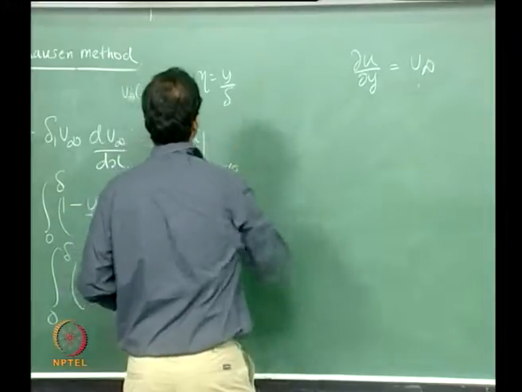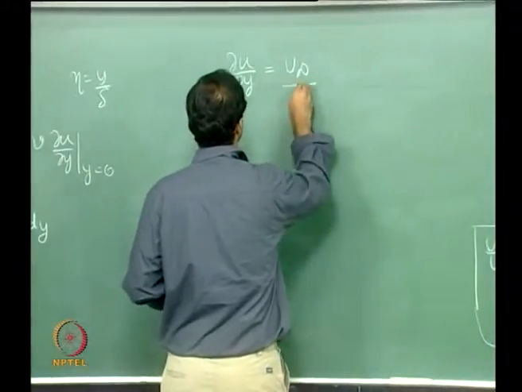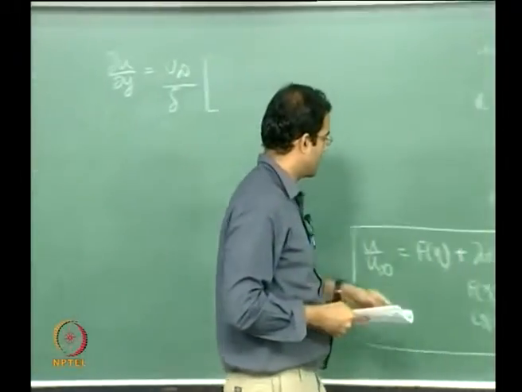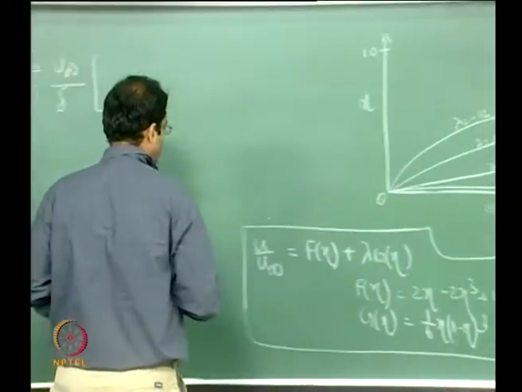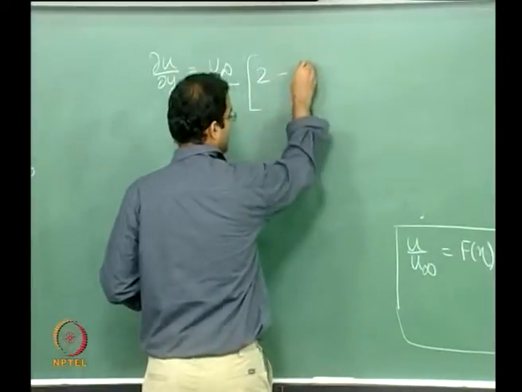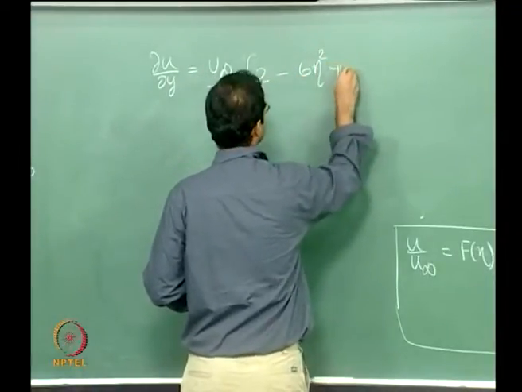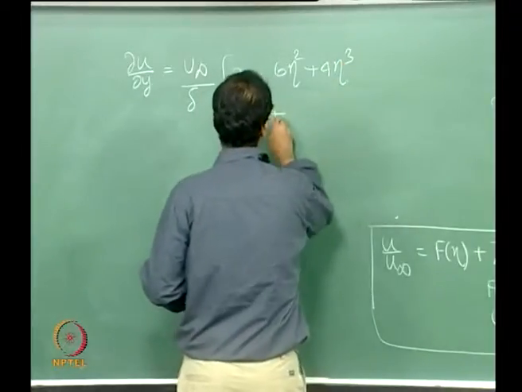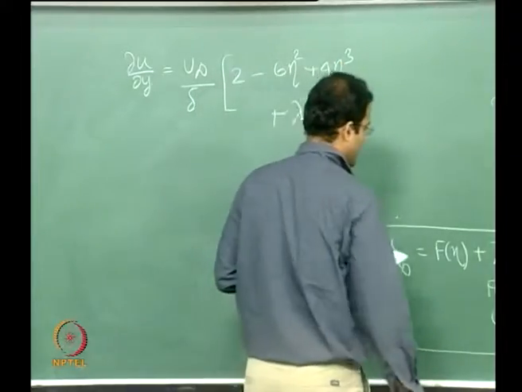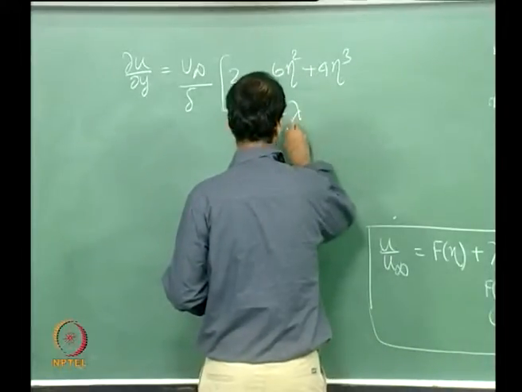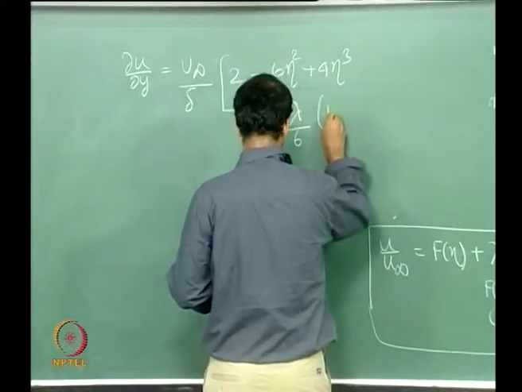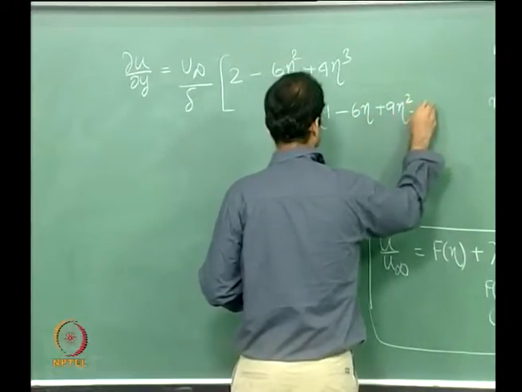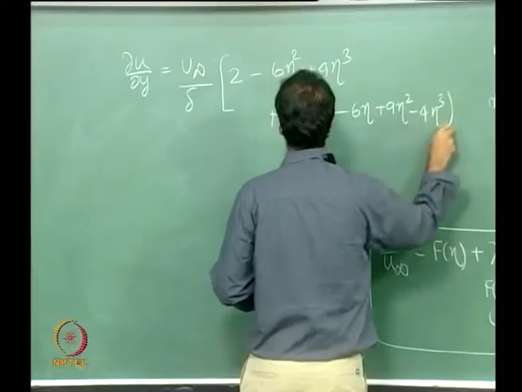So d eta by dy will be 1 by delta, so that will be this times, so you have to differentiate f, which will be 2 minus 6 eta square plus 4 eta cube plus lambda into g of eta. Okay, if you differentiate that, you will get lambda by 6, 1 minus 6 eta plus 9 eta square minus 4 eta cube.